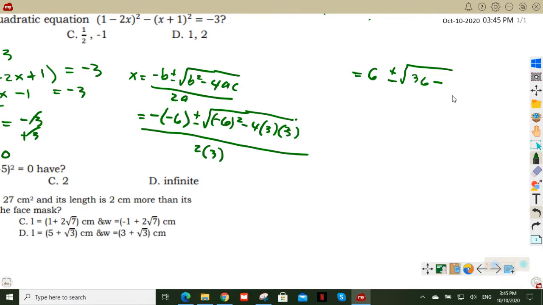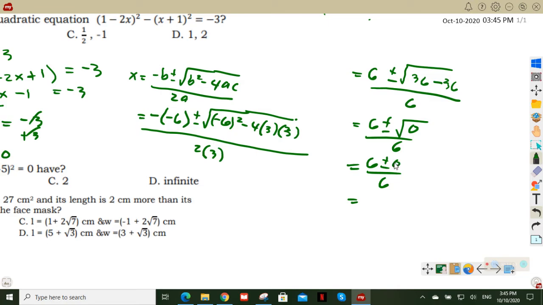Negative 12 times 3 is negative 36. All over 6, 2 times 3 is 6. So I have 6 plus minus square root of 36 minus 36, which is 0, over 6. The square root of 0 is 0, so that's insignificant. So I have 6 over 6, so I have 1. So the x is 1.